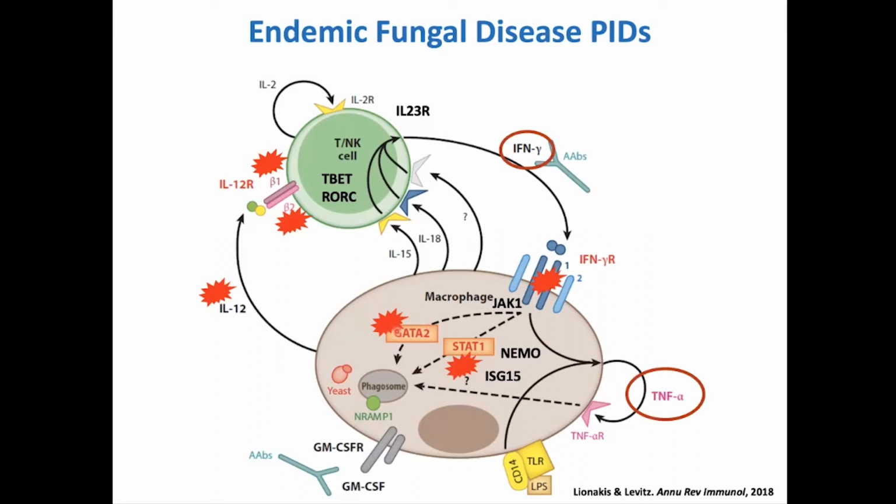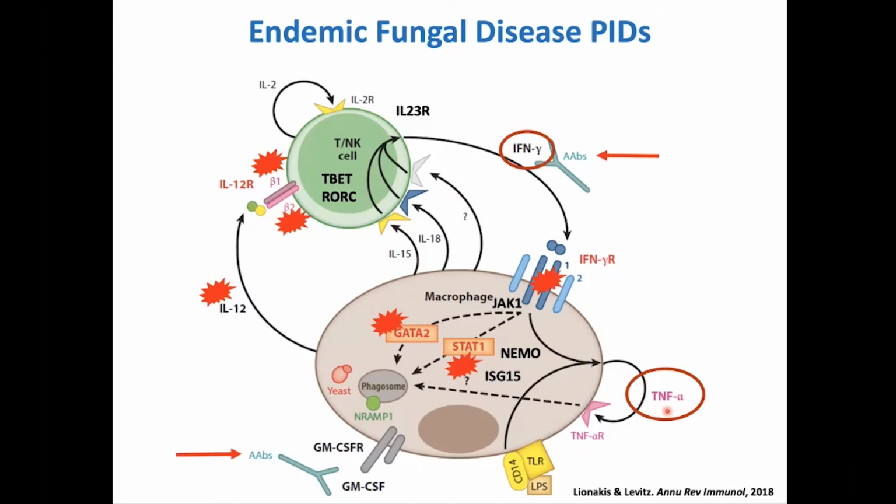There are also autoantibody related problems, such as in the case of interferon gamma autoantibodies, as well as biologics that target interferon gamma, such as emapalumab or TNF inhibitors that are well known also to cause susceptibility to disseminated infections by these fungi in the endemic areas.